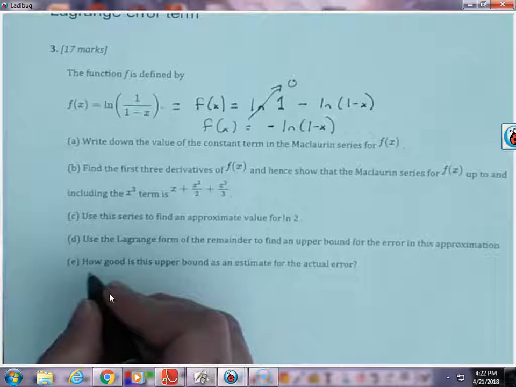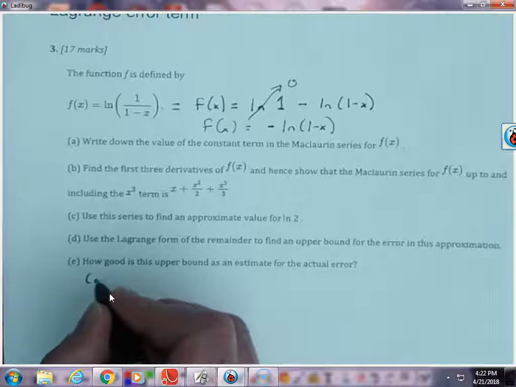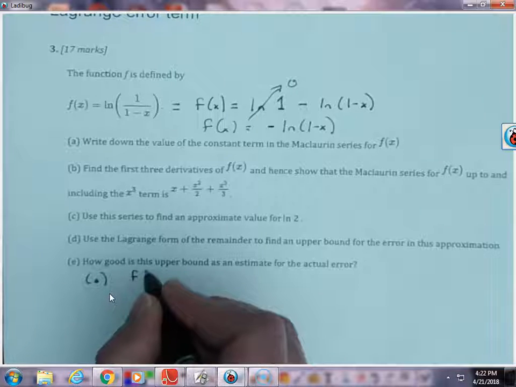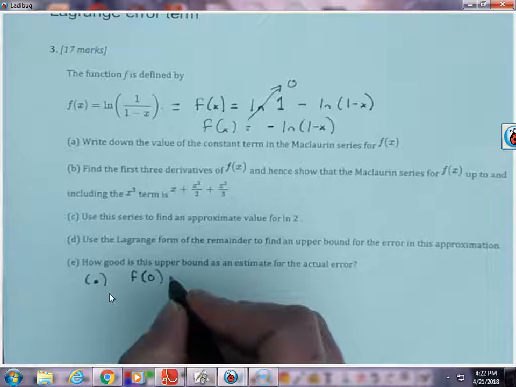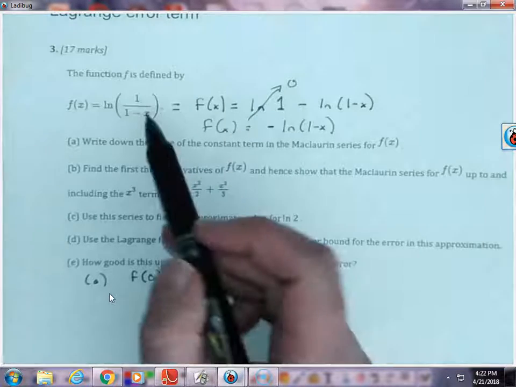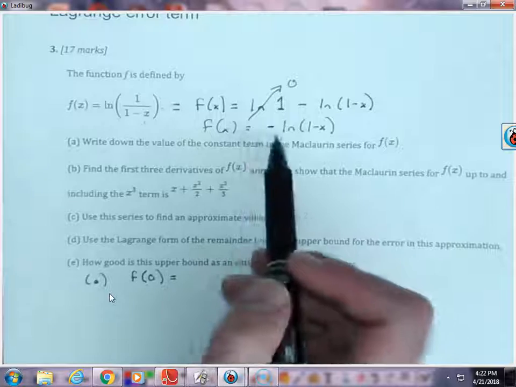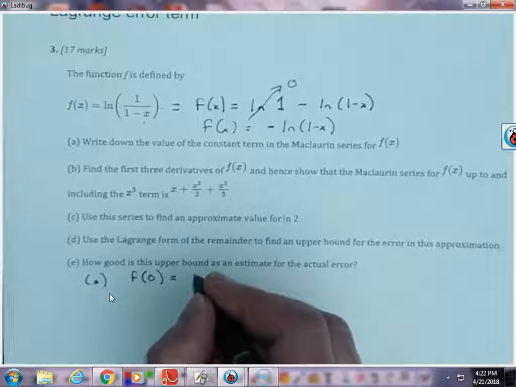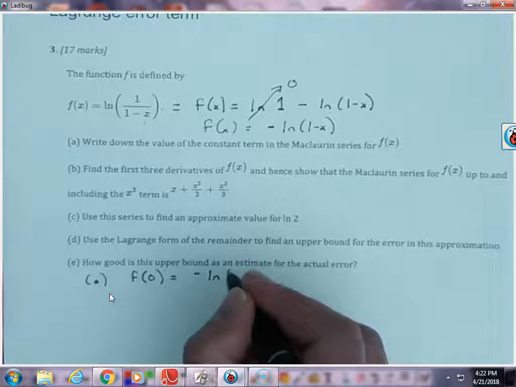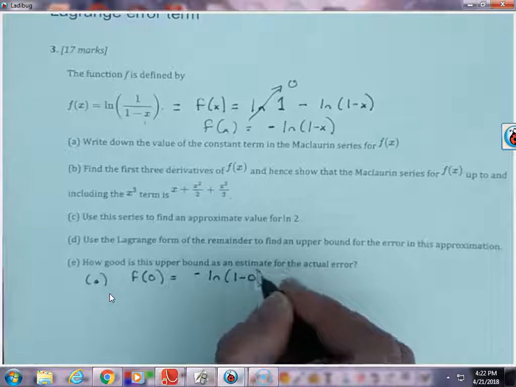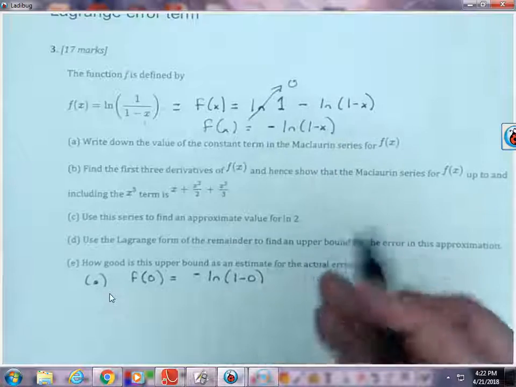Okay, so back to the first thing that it asked me to do, it said write down the constant term for Maclaurin, and Maclaurin implies that you're centering it around 0. So either way you want to do it, you can substitute in the 0 here before you simplify it, or here, since I bothered to simplify. I'll just say it's the negative of the natural log of 1 minus 0, just substituting in 0 right there.